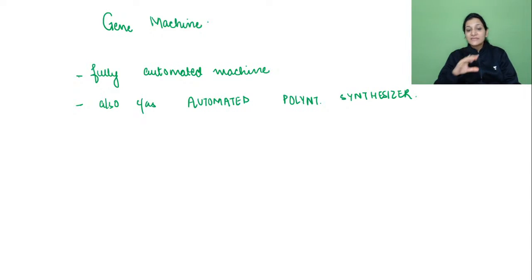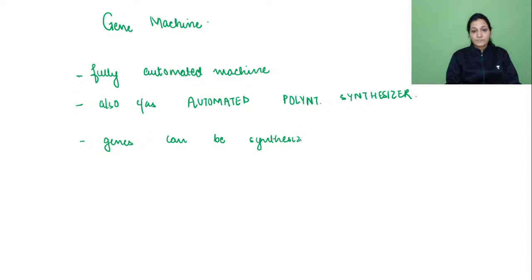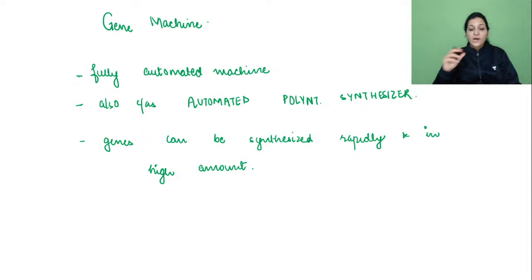The genes can be synthesized rapidly and in high amount with the help of gene machine. For example, if we have a gene sequence for tRNA, it can be synthesized in the gene machine in a few days.